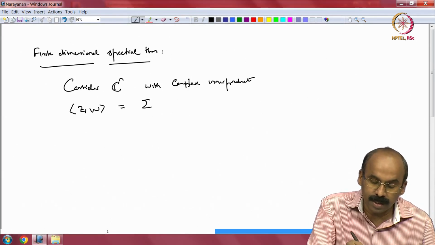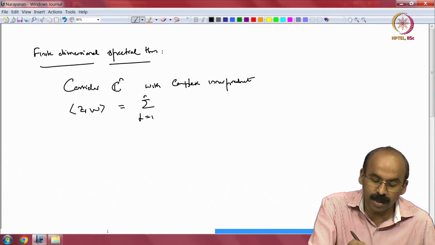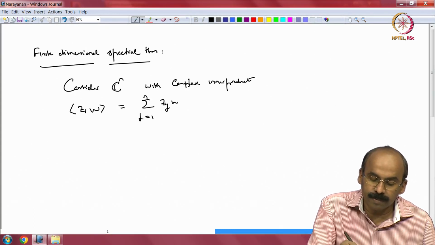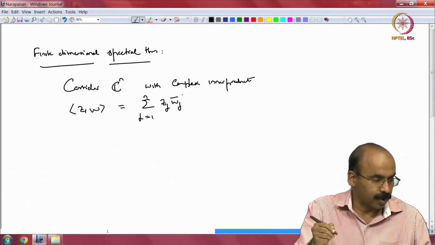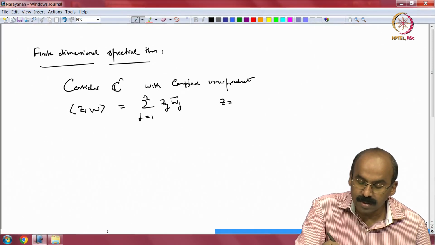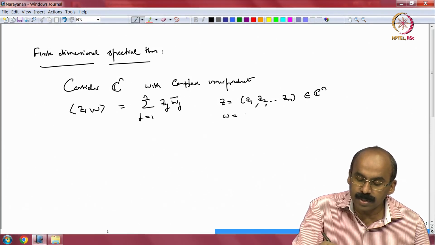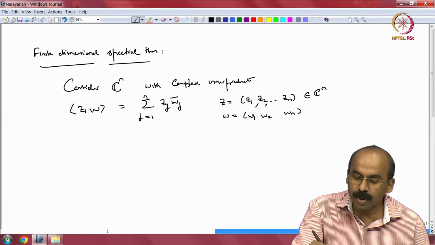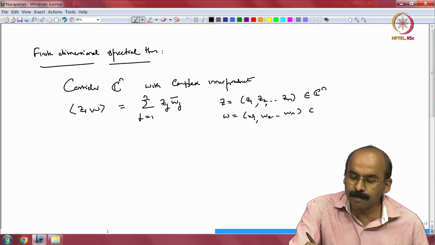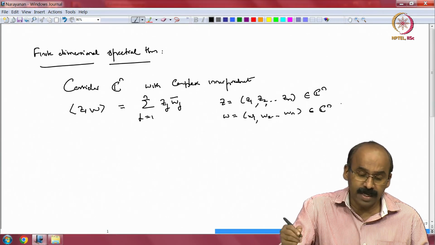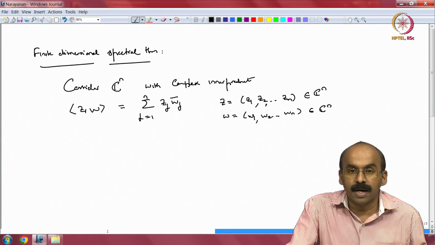So, that is simply the sum over j equal to 1 to n of z_j w_j bar, okay, where z is z1, z2, etcetera zn, that is a point in Cn, and w is w1, w2, etcetera wn, that is another point in Cn, right. This is the Hermitian inner product on Cn.